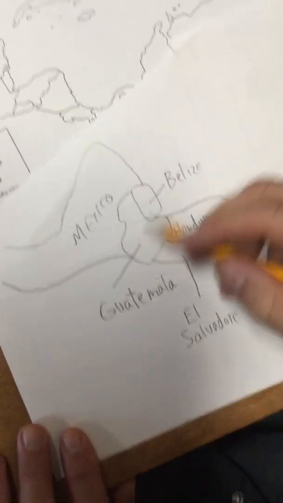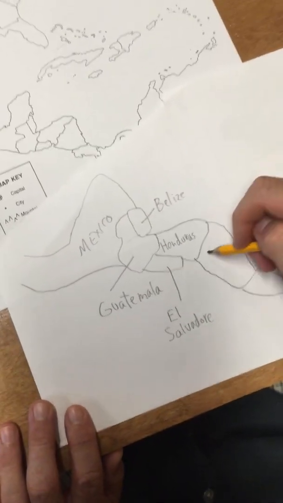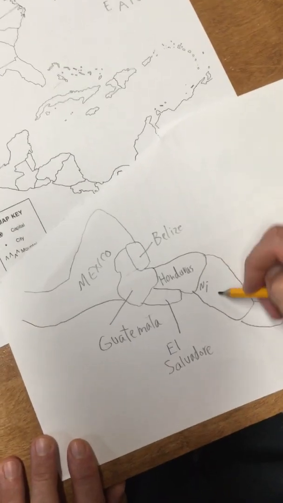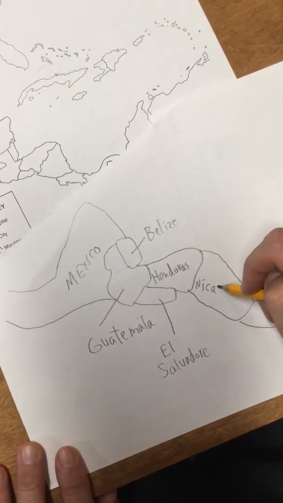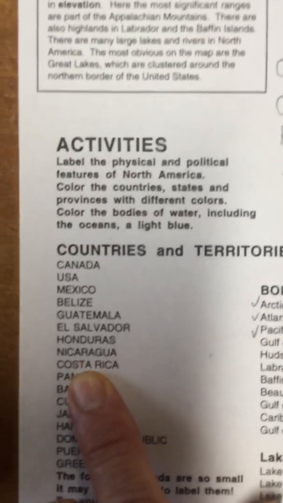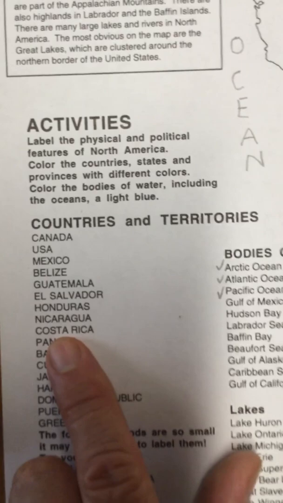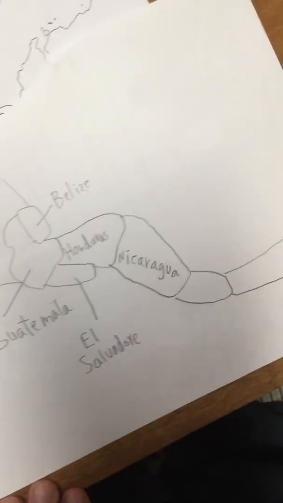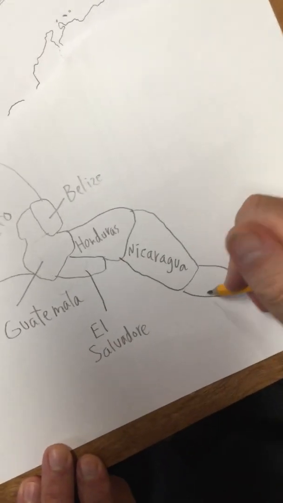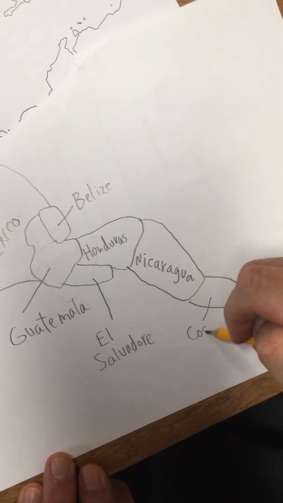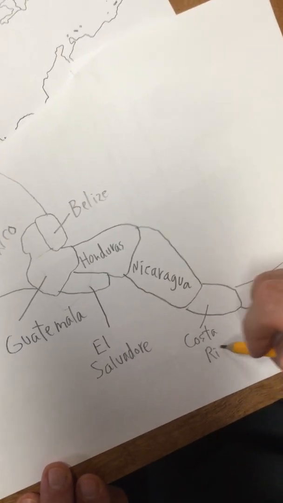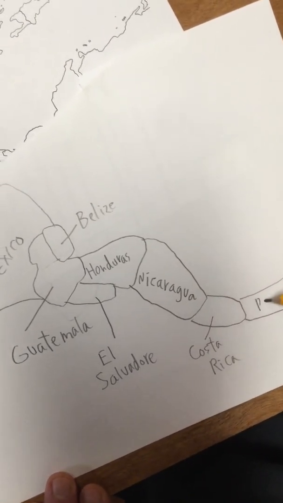I'm going to write it much neater when I get to the Nicaragua. I'll check it. Nicaragua. Okay. We've got 2 more countries, Costa Rica and Panama.